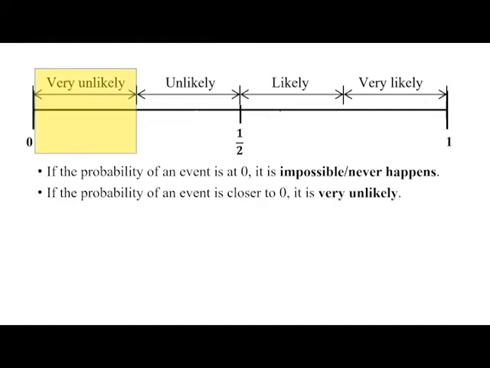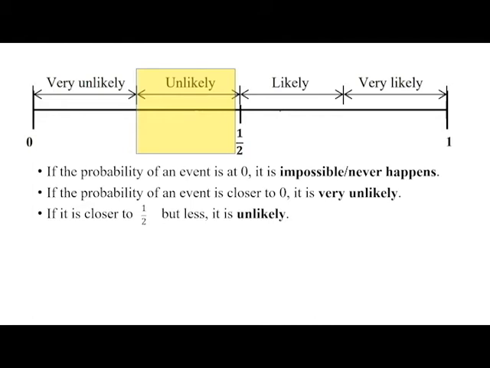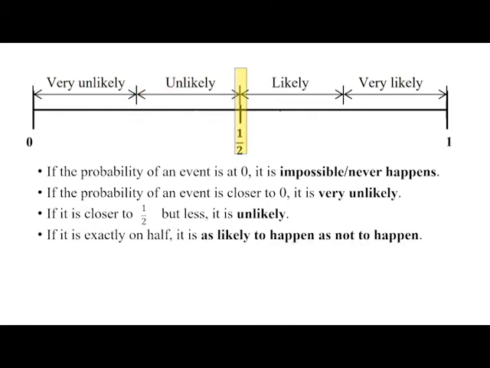If the probability of an event is close to 0, very near to 0, very less chance, then we call it very unlikely. If it is close to half, but still less than half, it is unlikely. If it is exactly half of the chance, then we call it as likely to happen as not to happen.